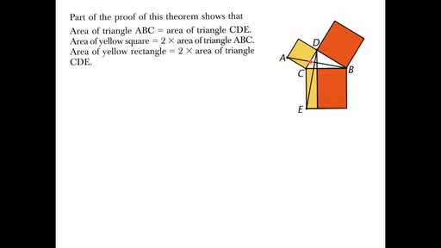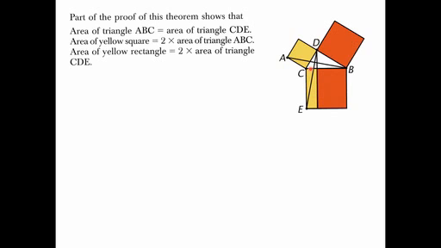That's just a given. Doesn't matter why, don't worry about that. That the area of the yellow square is 2 times the area of triangle ABC, and that the area of the yellow rectangle, this guy here, is 2 times the area of triangle CDE right there.